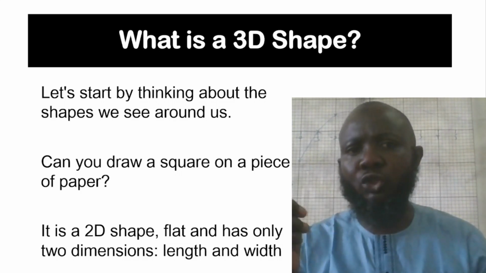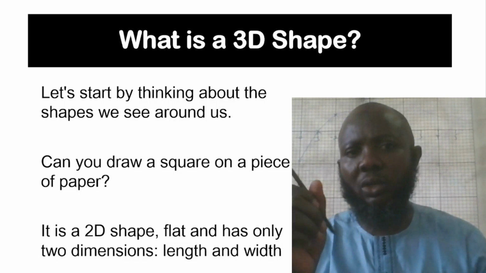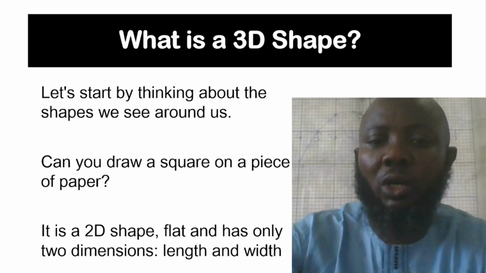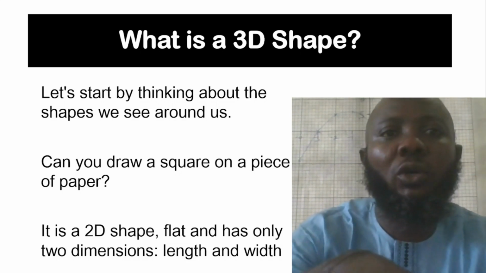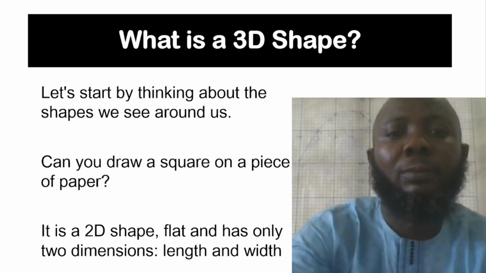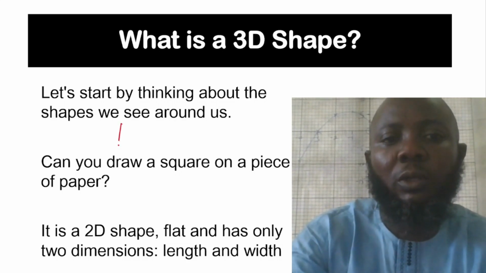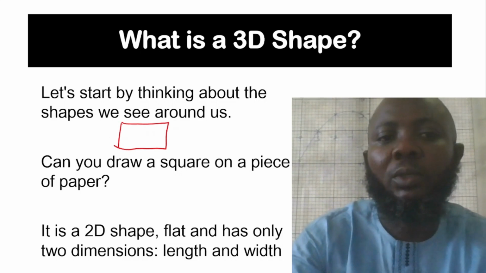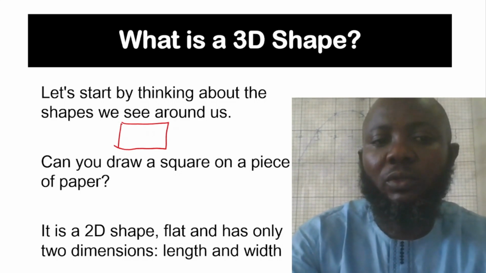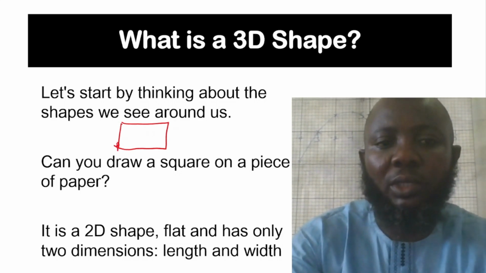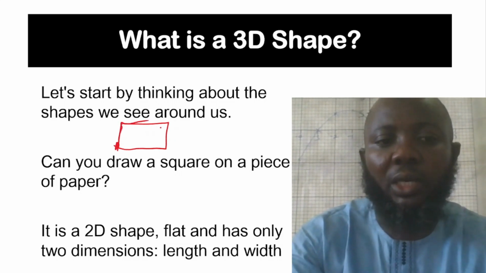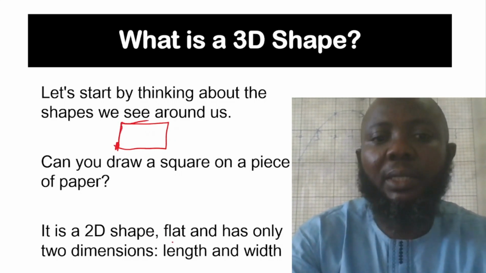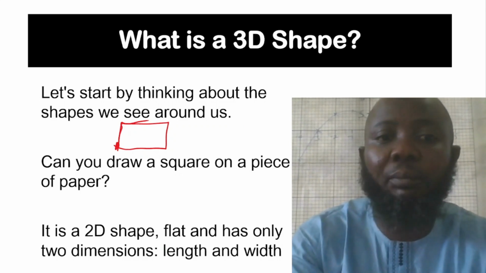If I ask, can you draw a square on a piece of paper? Let's draw a square here. This square that I drew now is a 2D shape and is flat and has only two dimensions, which is length and breadth.